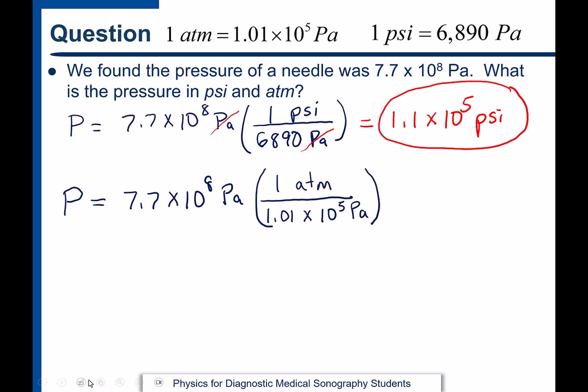So again, you can see that we've got this set up right because pascal will cancel with pascals, and we're going to be left with atmospheres, or atm. When you do that math, you should get 7.6 times 10 to the 3rd atmospheres.